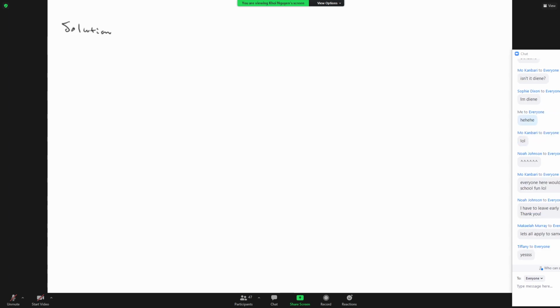So solutions and solute concentrations. We need to know the difference between a solvent and a solute.